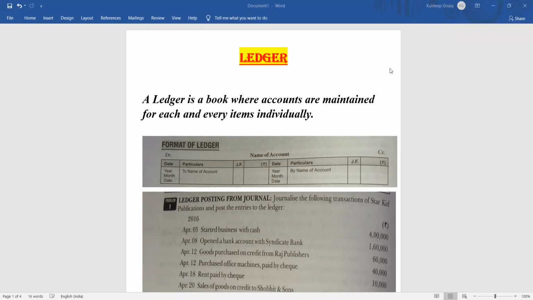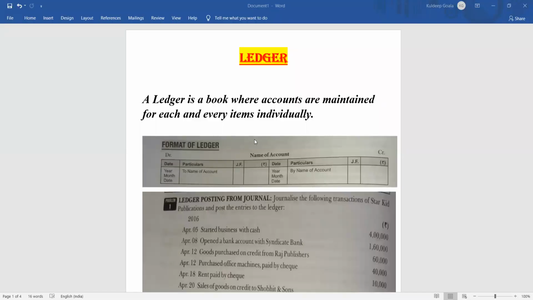Now in case of journal, what we have done is that all the items are shown at one particular place, right? एक जगह पे दिखाया, सारे आइटम्स को हम लोगों ने जर्नल के फॉर्मेट में एक जगह पे दिखा दिया है ना. All the items were shown at one place. Clear?